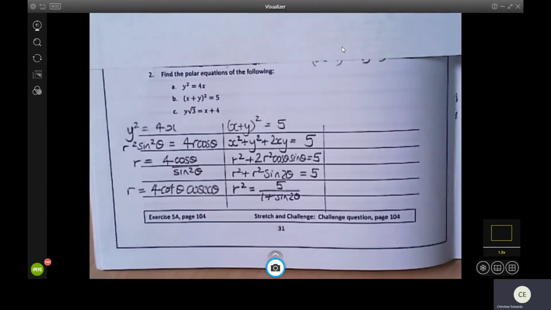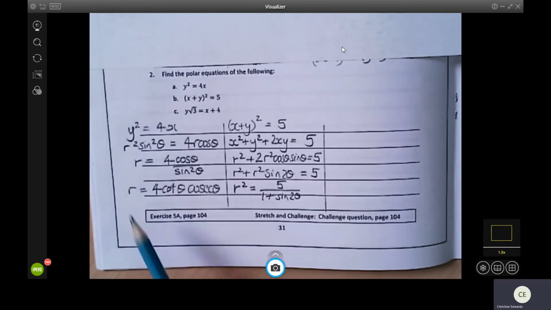It would be standard practice to leave it as r squared rather than to go to r with the square root. You will often see polar equations with r squared at the start or r.